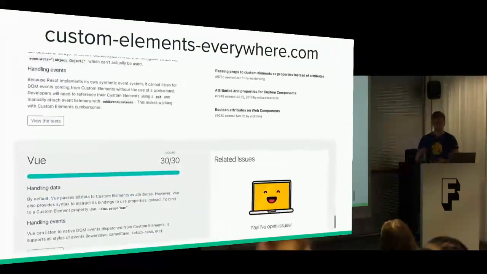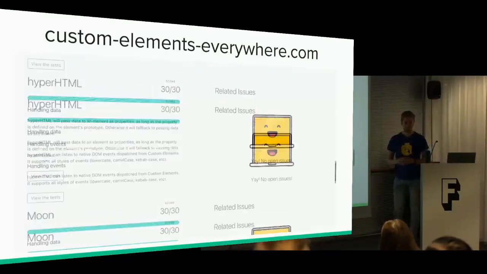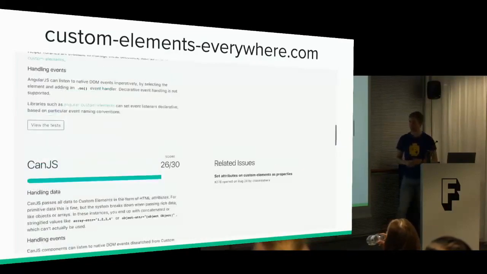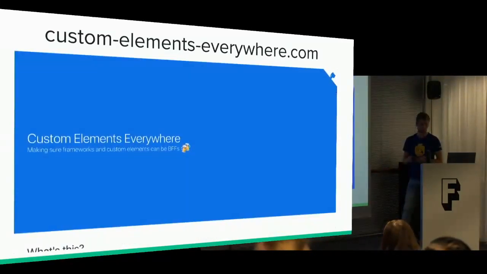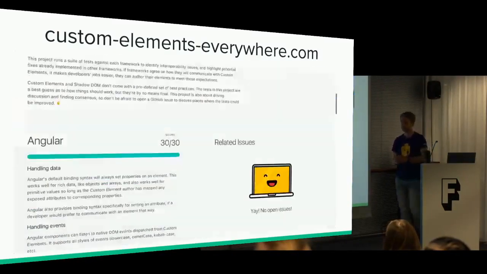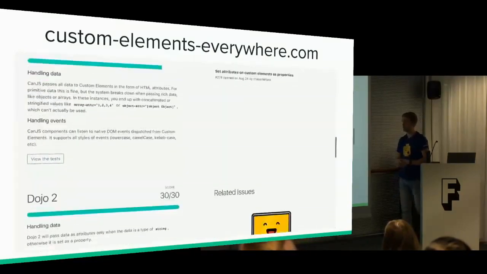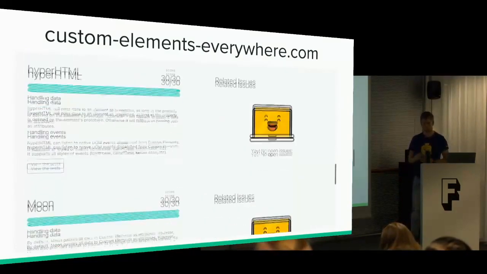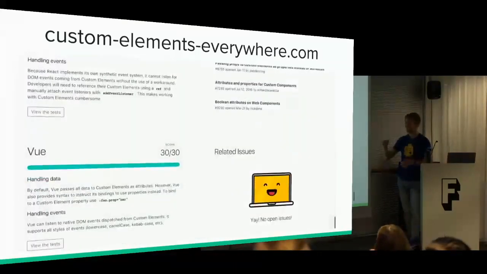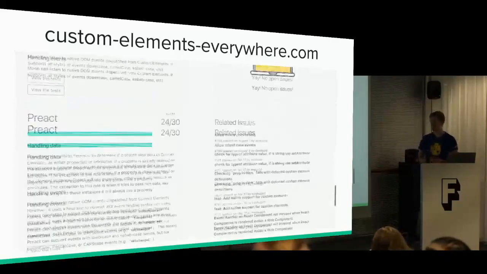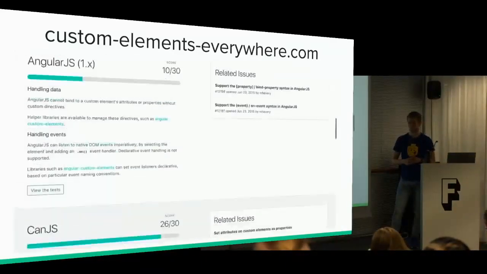Earlier in my presentation I was talking about how once you build your elements, you can use them in any stack. That is, of course, the ideal world. But in reality, things are not that simple. There's this really cool site called customelementseverywhere.com, which is built by one of the Chrome engineers, Rob Dodson. He has listed pretty much the most popular JavaScript frameworks and how web components work in them.